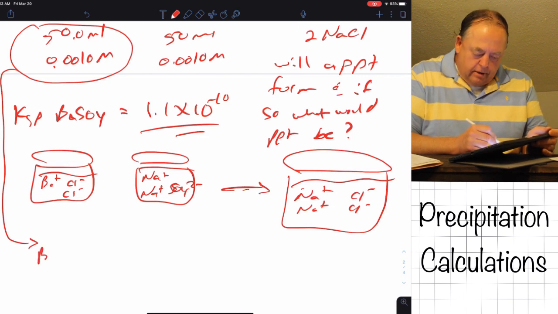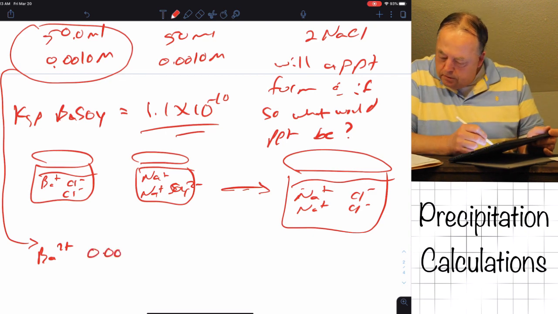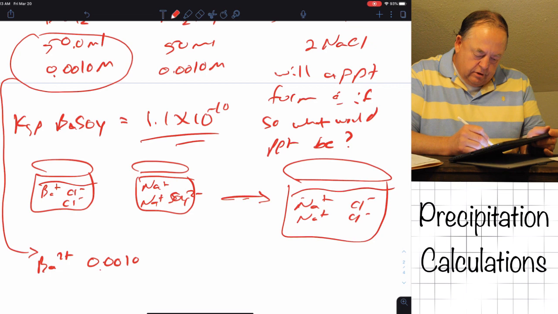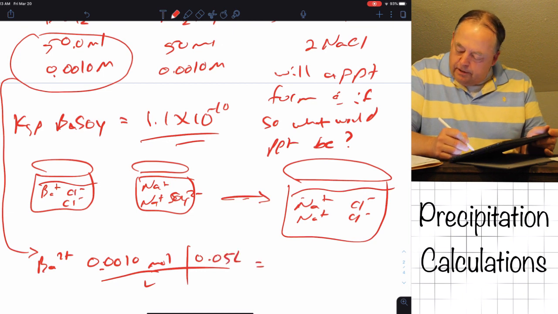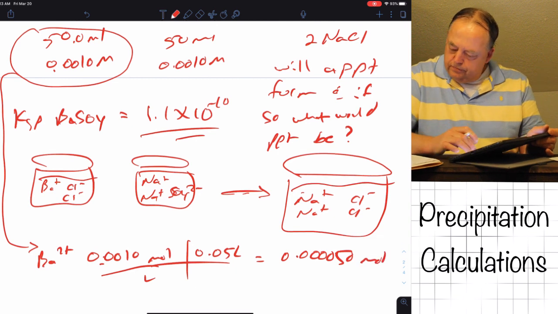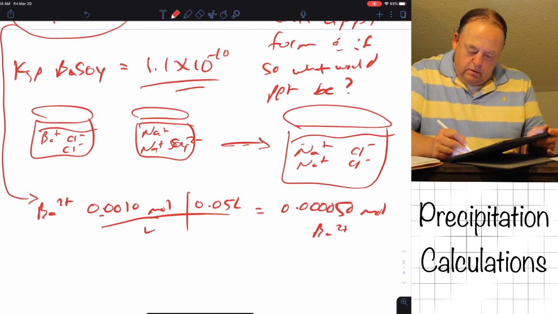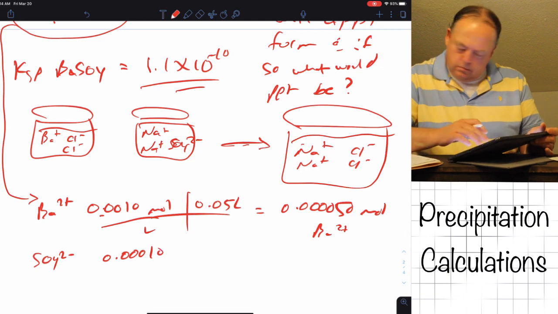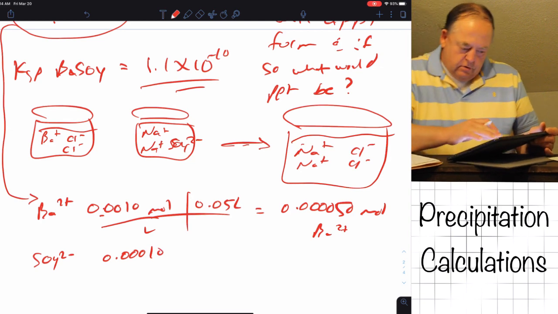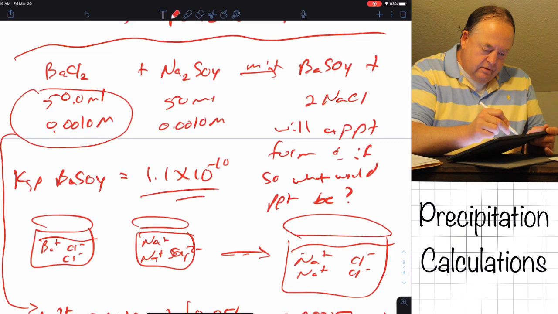Okay, so for the barium, if you start with 0.0010 mole per liter, and you have 50 mils, which is 0.05 liter, then you have 0.000050 mole of barium 2 plus, and for the SO4 2 minus, sorry, I think I gave you wrong numbers again.